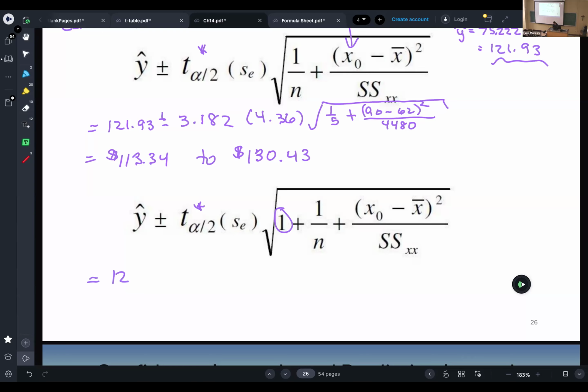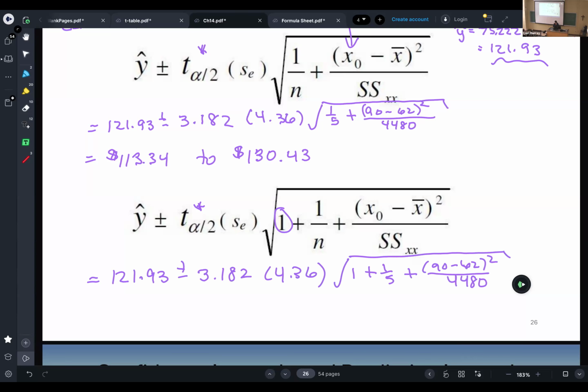So let's do that. 121.93. You're going to have the same values here, exactly the same, except you're going to have one more uncertainty in the radicand.